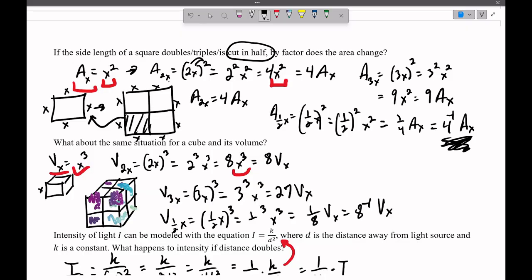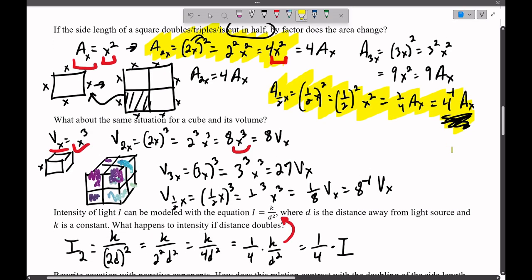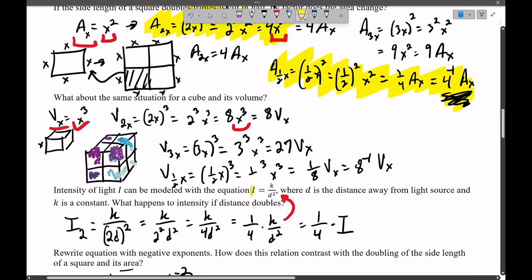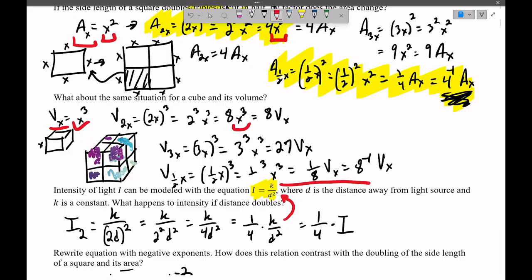Whereas here, when we took a double, let me highlight it here. When we took a double, we got 4 times the amount, and when we took a half, we got 1/4 the amount. So what I'm showing here is effectively the same thing as this. This is 1/4, halving the side length of the square.